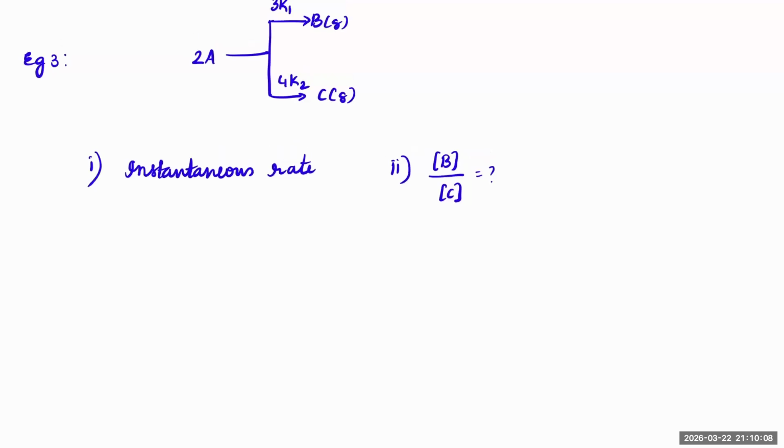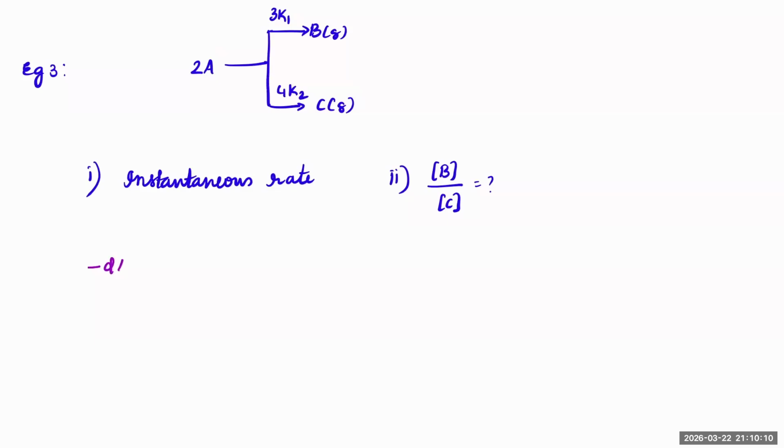See, instantaneous rate will be like this, minus half of dA by dt. That will be the rate change, which will be equal to dB by dt plus dC by dt. That is equal to 3 times K1 into A, plus 4 times K2 into A. Got it?